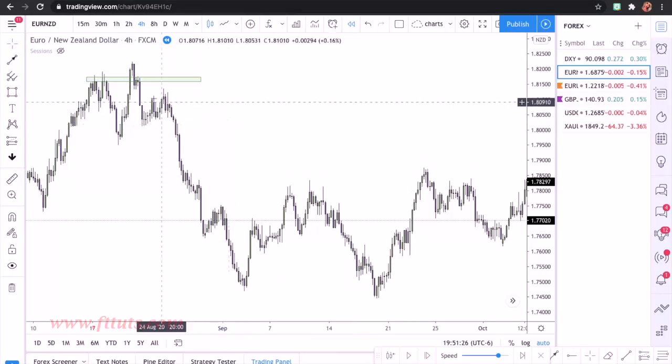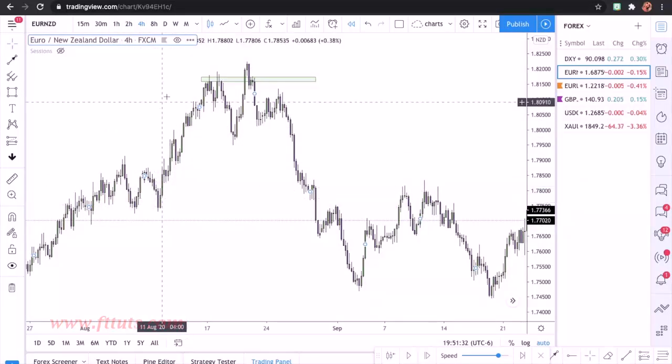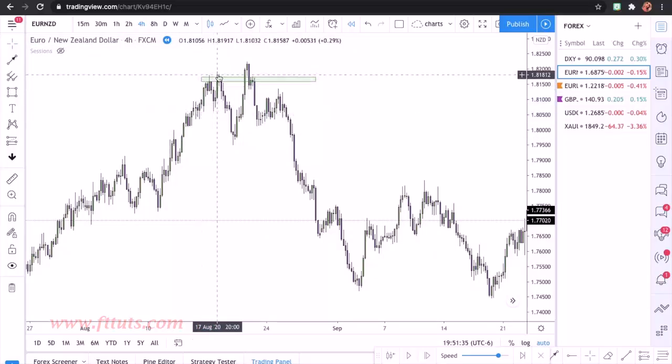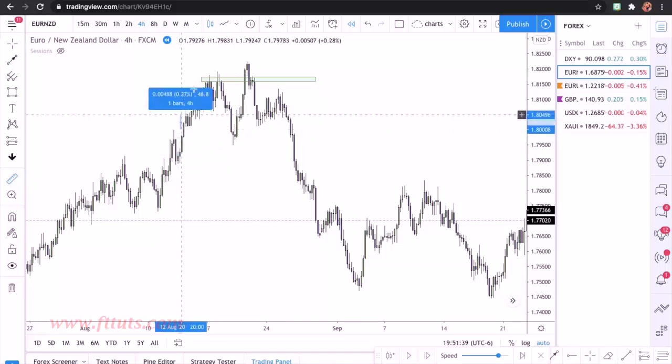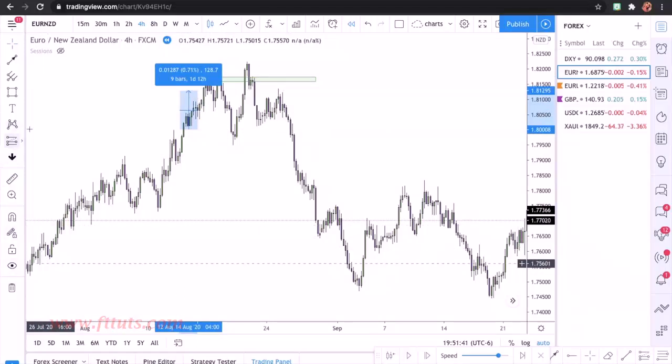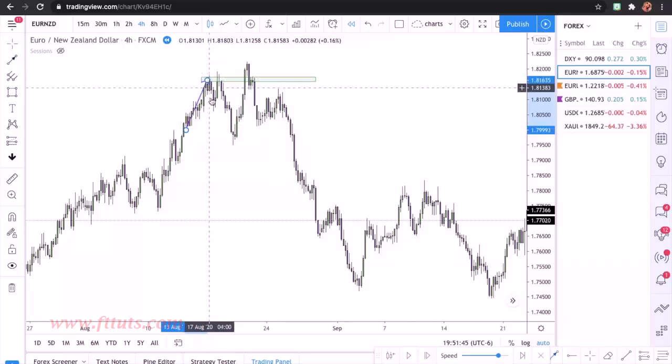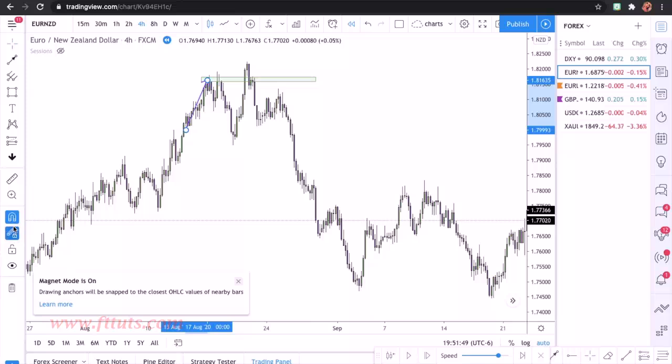So for example, on this, we're looking at the 4-hour on Euro NZD. We have the high coming up here. We ended up creating an M pattern, okay? So let's say you took a sell at the top here, which is completely fine, okay?